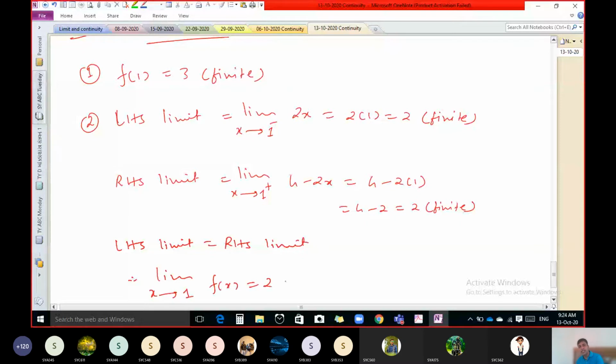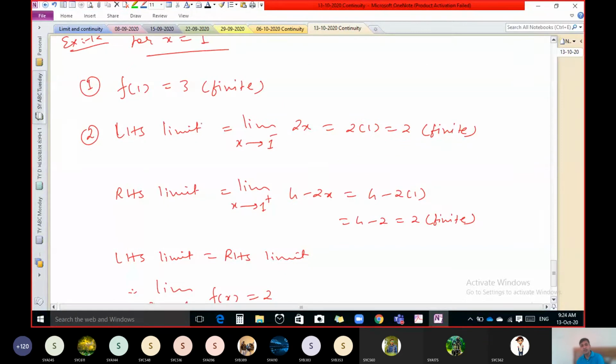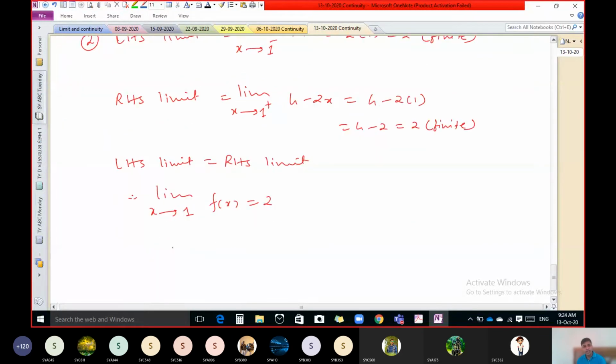Your second condition is satisfied, but your third condition is not satisfied. Reason: the answer for the first one is 3 and for the second one is 2. So from 1 and 2, limit x tends to 1, f of x is 2, and f of 1 is 3.